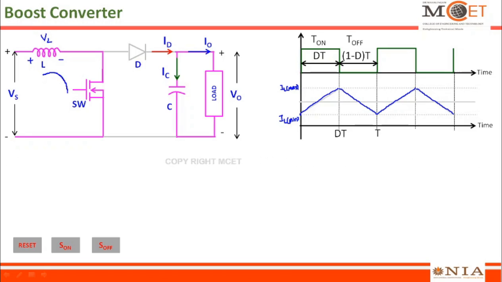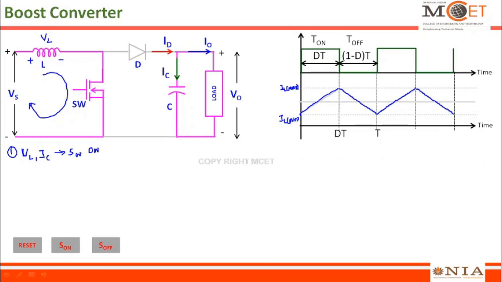Now there is a closed path here and I can see that there will be current circulating in this closed path. I am trying to calculate the voltage across the inductor and the current through the capacitor when switch SW is in on condition.